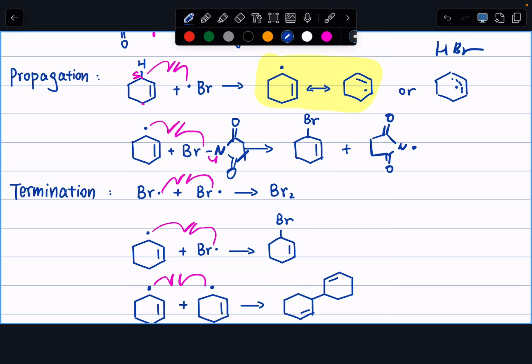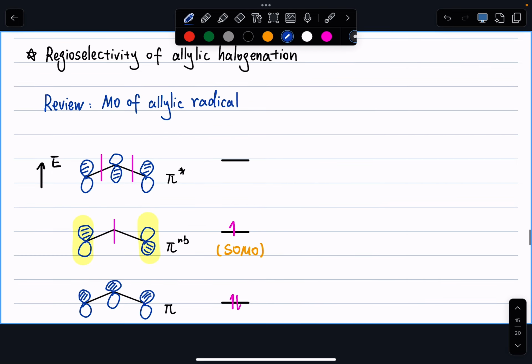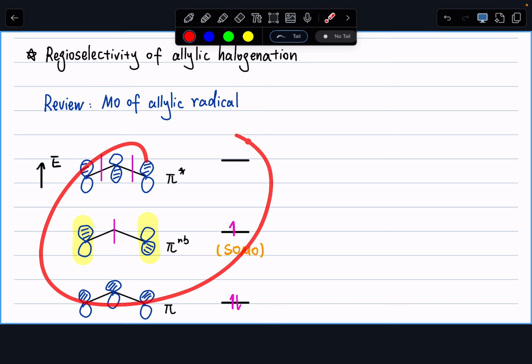And now let's move on to talk about regioselectivity. This is a quick review of the MOs of our allylic radical. Again, the resonance is good, but it's not the end of the story. The reality is these molecular orbitals, right?